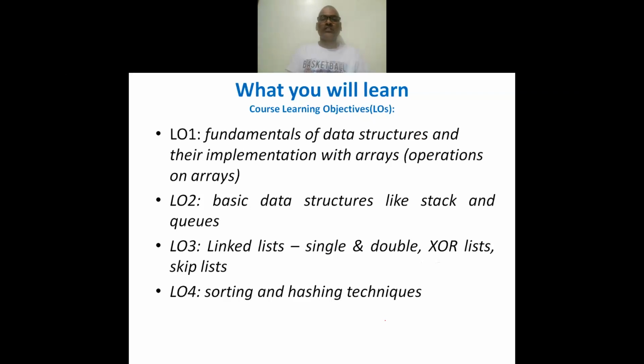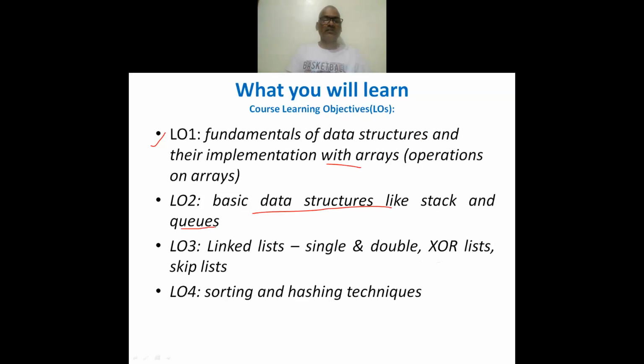So through this course, that is what you are able to learn: the course learning objectives. There are 4 course learning objectives. This course will introduce the knowledge on fundamentals of data structures and their implementation with arrays, and basic data structures like stacks and queues.